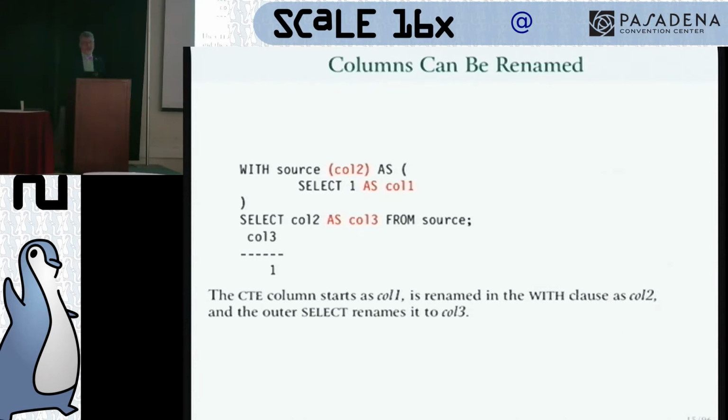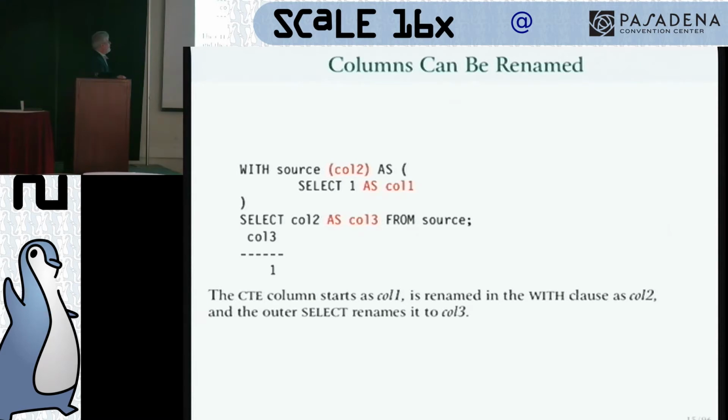Third one. This one we're going to basically floor it. We're going to push every label feature we can. So we're going to label it as col1 in the query inside the common table expression. We're going to make the common table expression call it col2, and then in the outer query, we're going to call it col3.